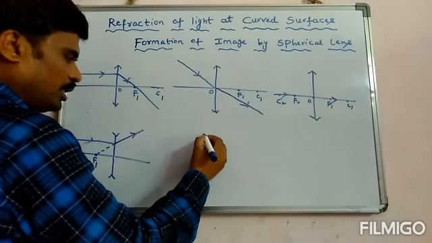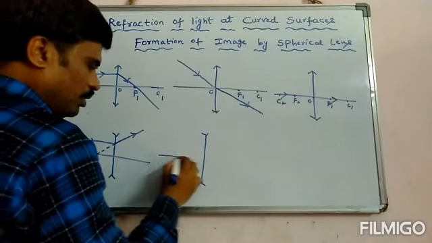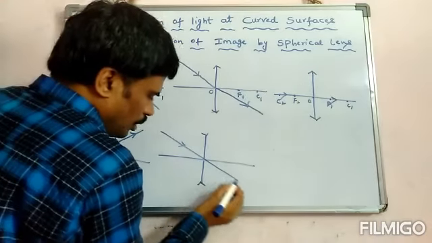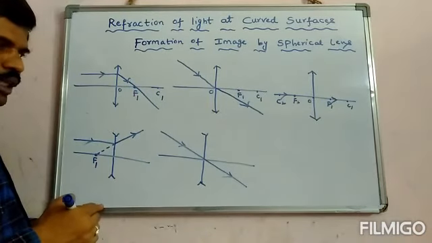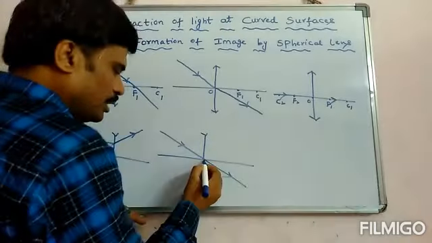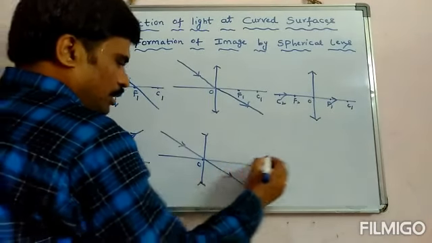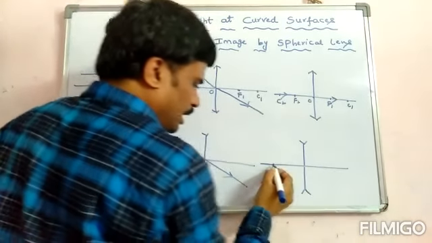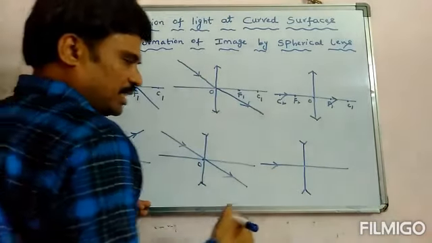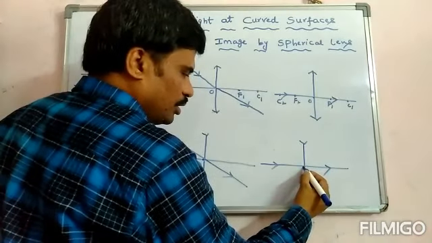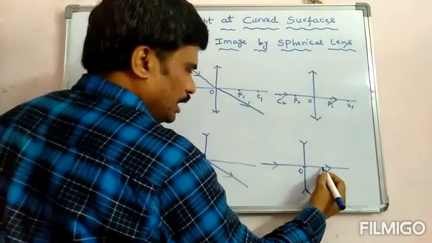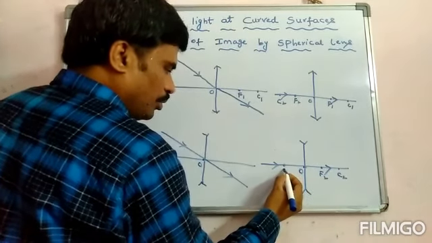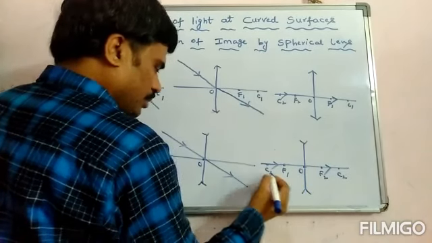Now the second rule is, if any ray passing through optic center, no deviation after refraction. Right? And the third rule is, if any ray passing through principal axis, here also you don't observe any deviation in case of concave lens. Right?